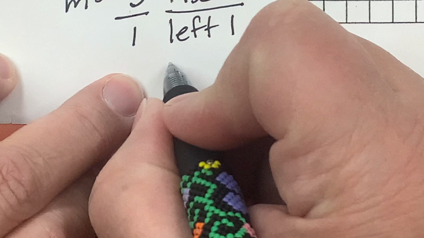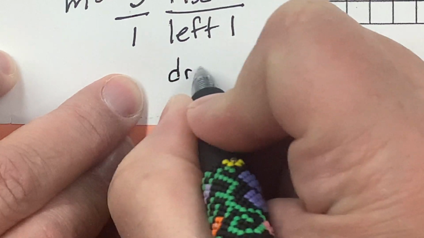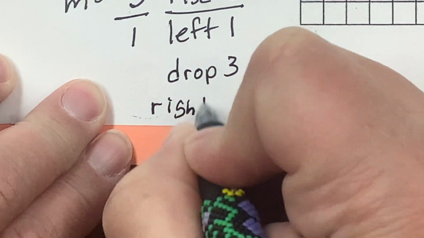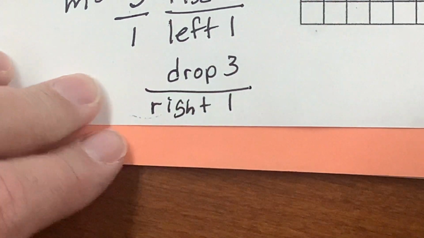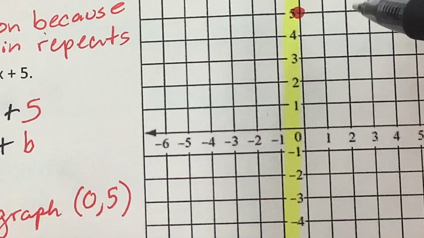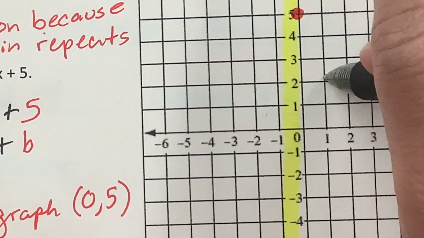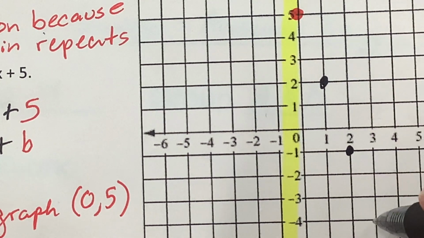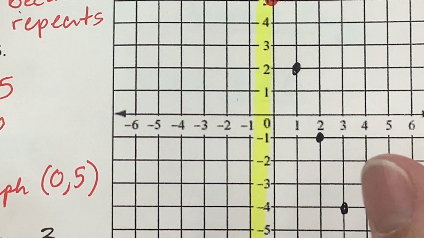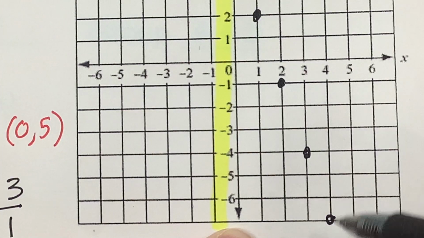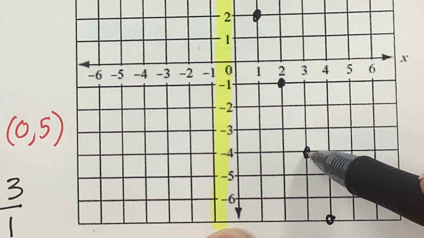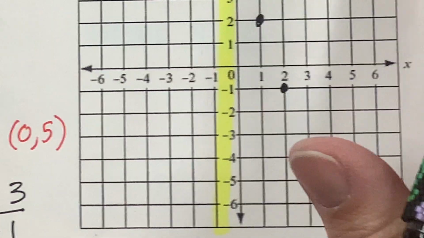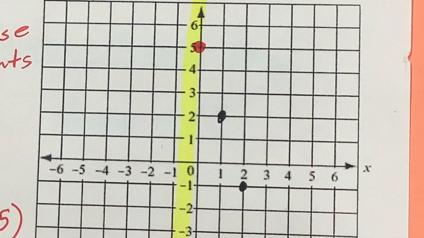But I can go the opposite. I can drop 3 and go right 1. I could do the exact opposite. So I drop 3, go right 1, repeatedly, until I have lots and lots of points, and then I can check them. Rise 3, left 1. And I strongly suggest checking these things.